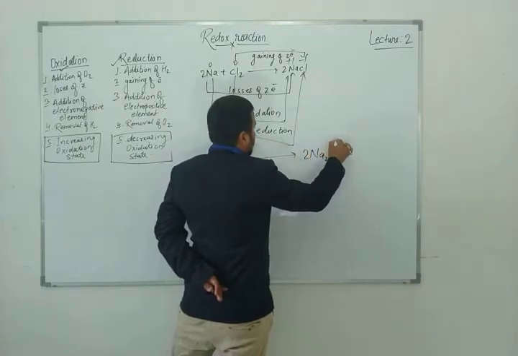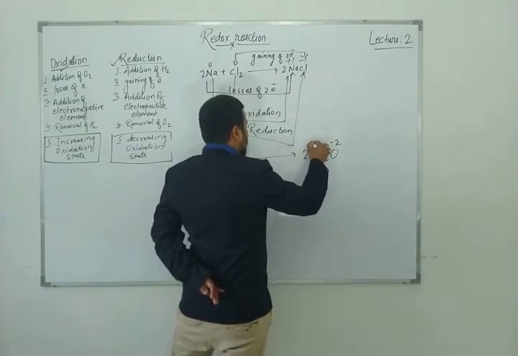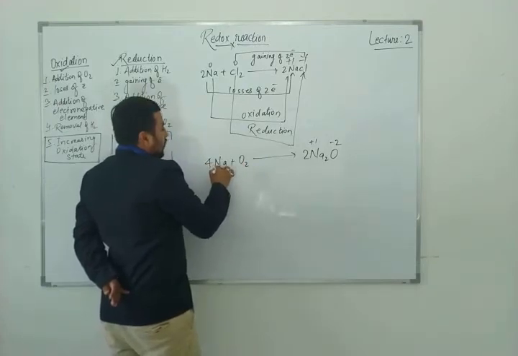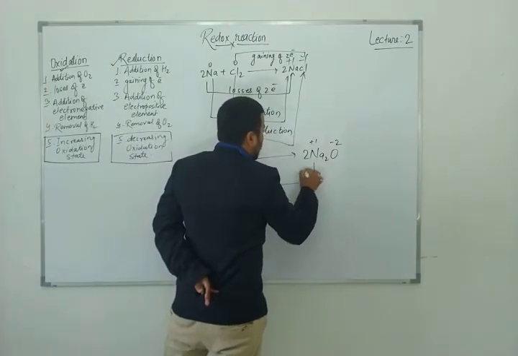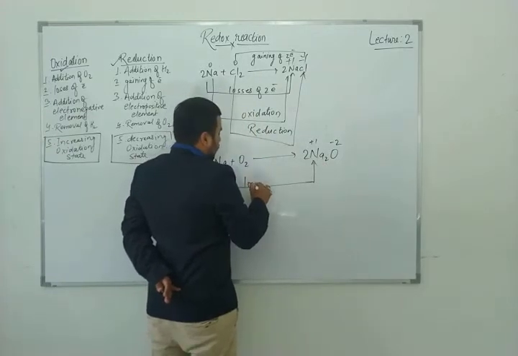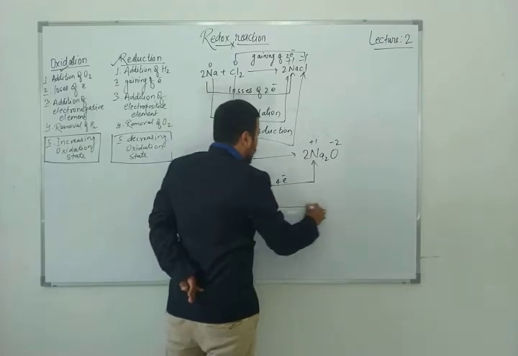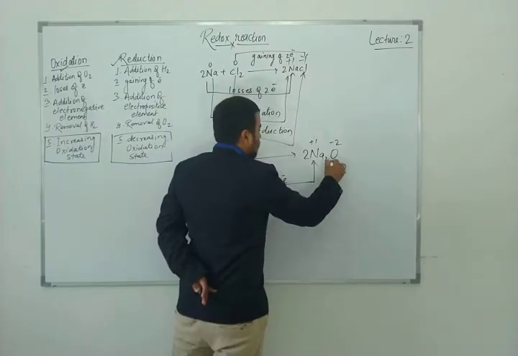Here you can say it's -2 and this is +1 only. So 2 atoms are there. Here 4 sodium atoms are there. So there is the loss of 4 electrons, and here gaining of 4 electrons.